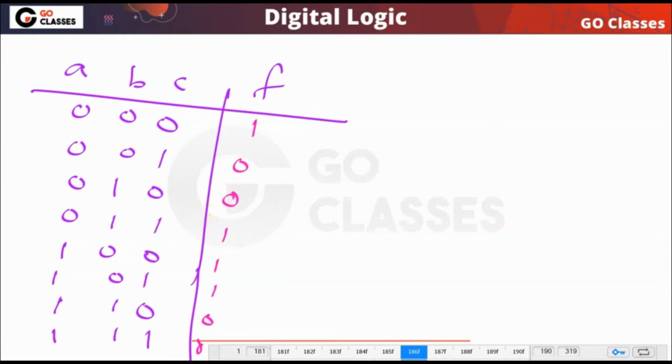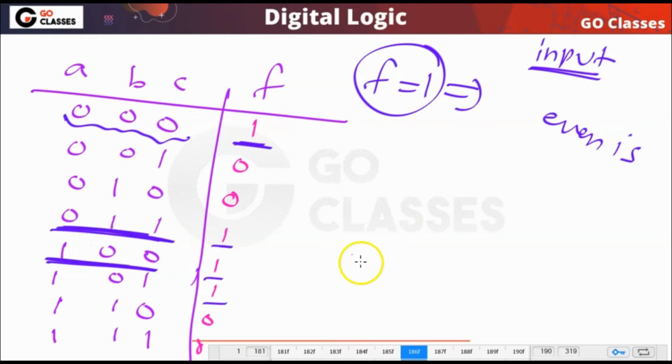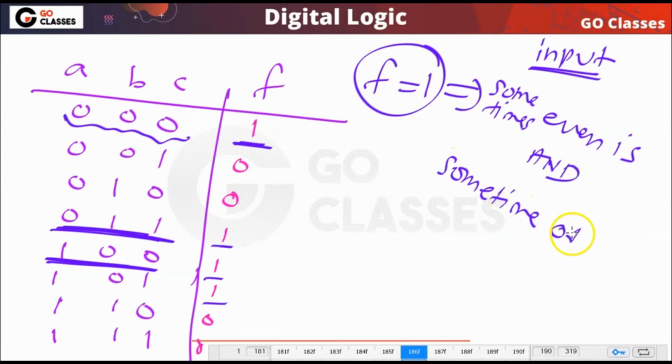Now, is this function linear? You can notice that whenever f is 1, here f is 1, here f is 1, here f is 1, here f is 1, sometimes we have an even number of ones and sometimes we have an odd number of ones.